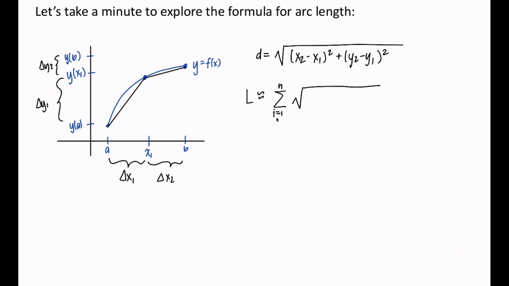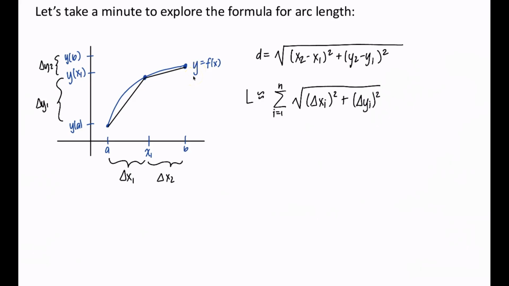I'm going to write it as all of these delta x sub i's squared, and then all of these delta y sub i's squared. So if I divide this into n subintervals and add them up, it's going to be a pretty good approximation, depending on the n value. The higher n I choose, the better the approximation.